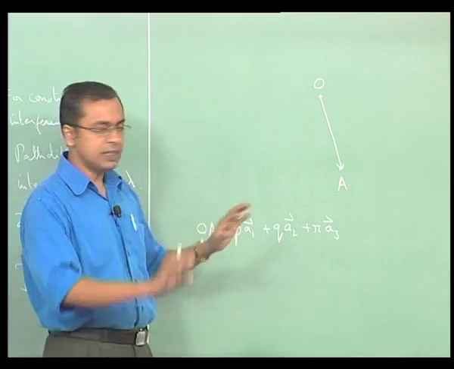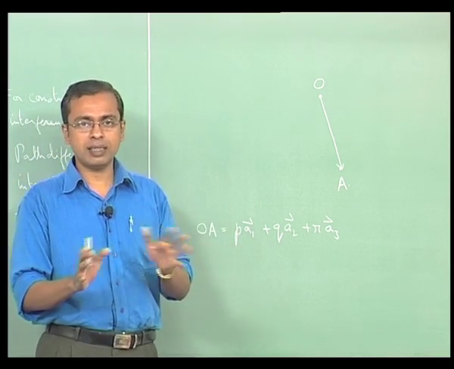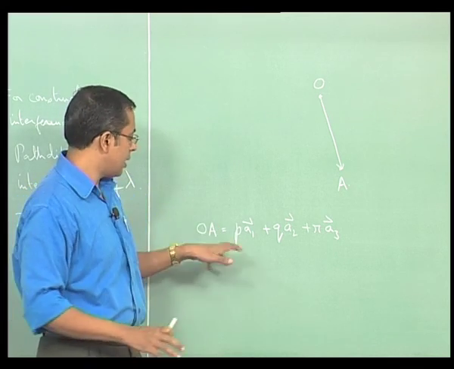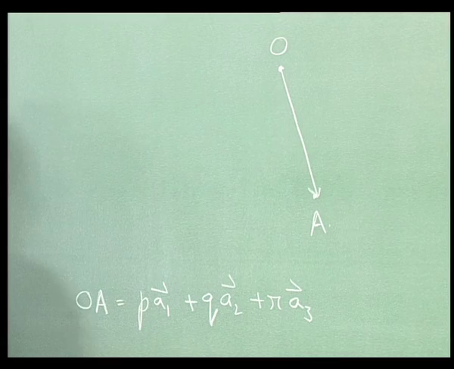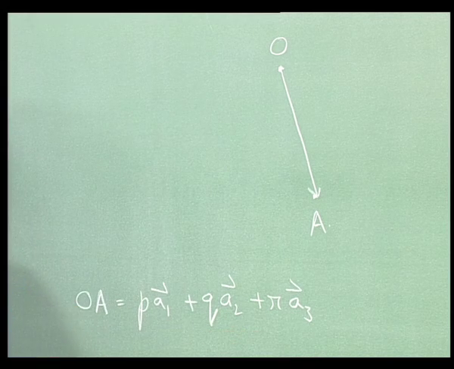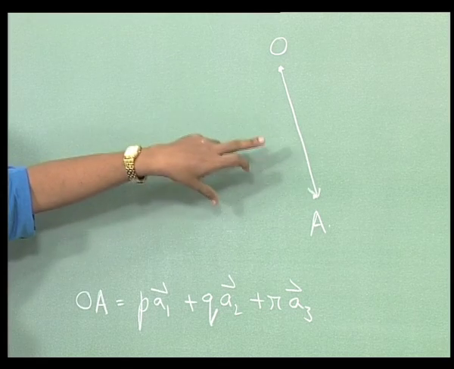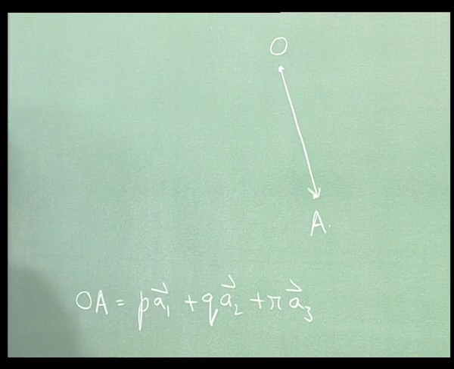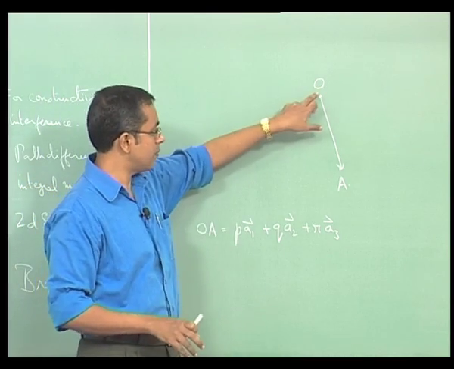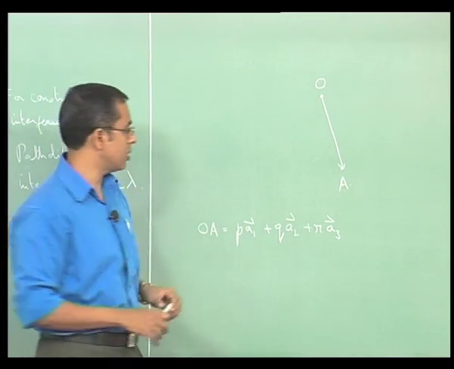So in terms of the standard convention used for describing lattice vectors, p, q and r would be integers. So by definition we are saying this vector here is p a1 plus q a2 plus r a3, where p, q and r are integers, because that would lead us from one lattice point to another lattice point based on a convention.